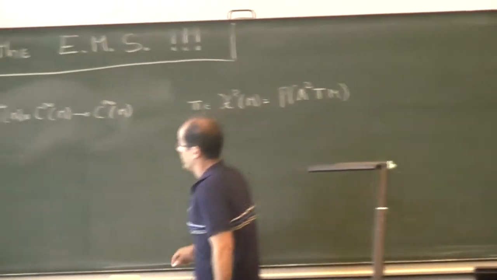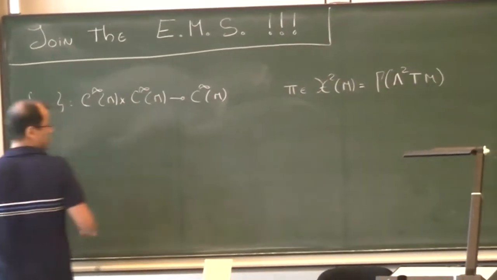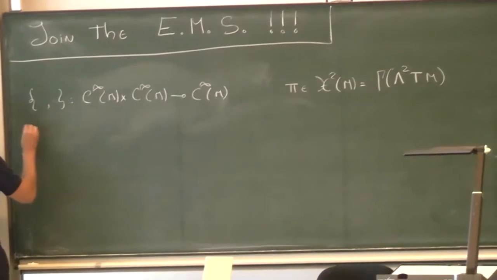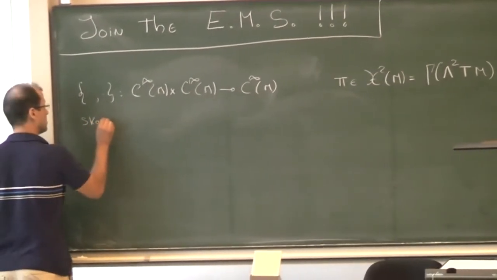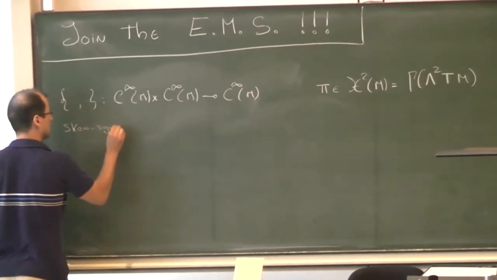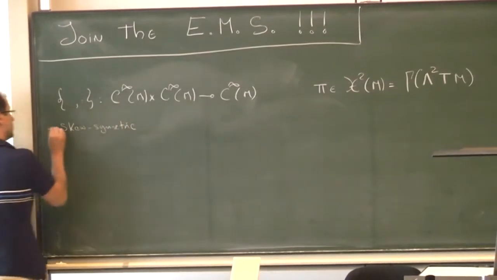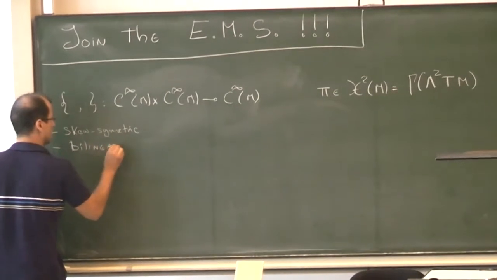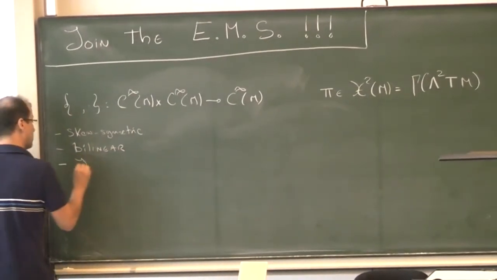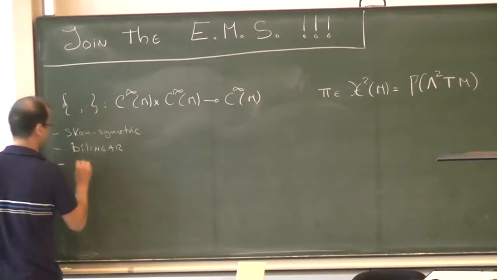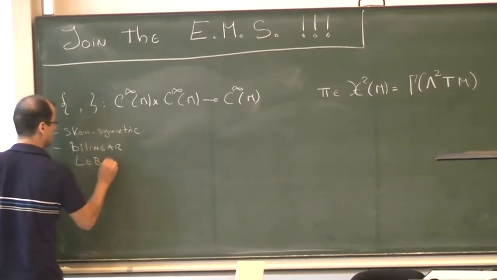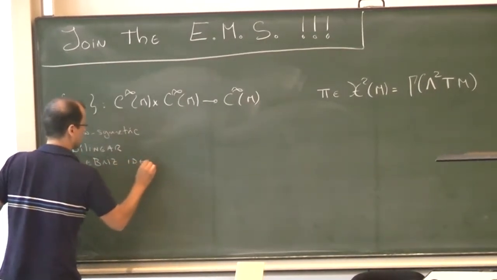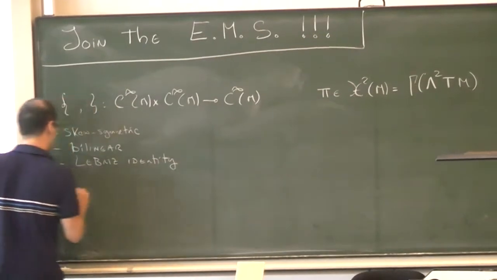This is the dual object. And remember that this was a Lie bracket, so in particular it was skew-symmetric, bilinear, and it satisfied the Leibniz identity, and also the Jacobi identity.